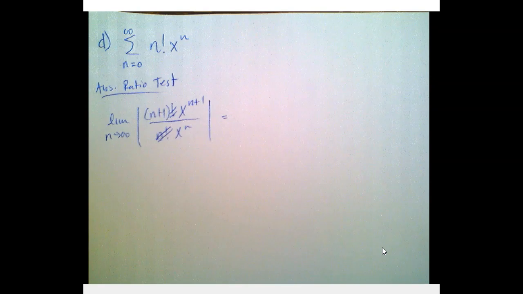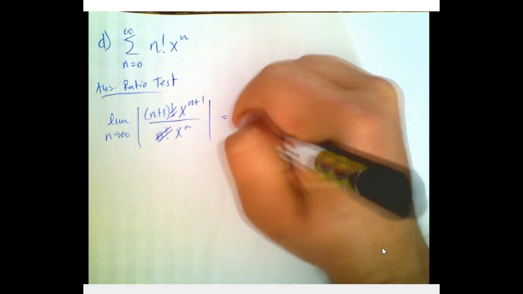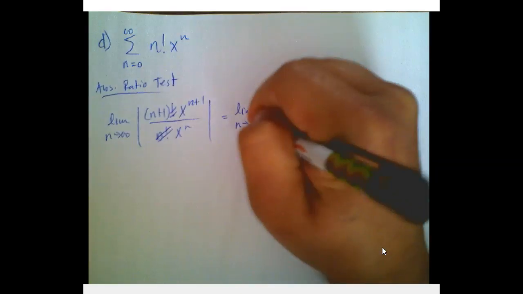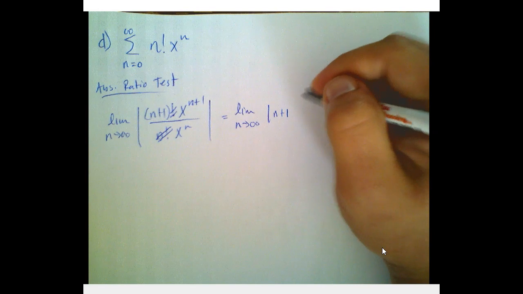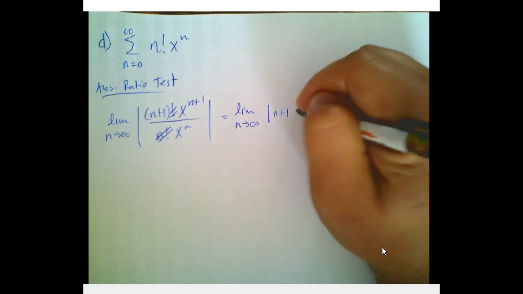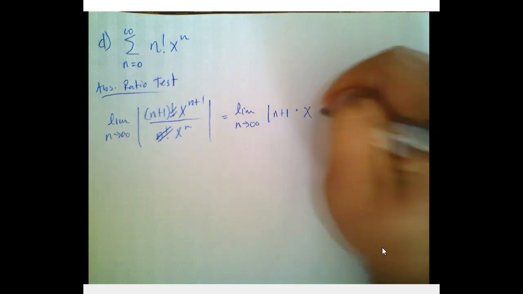Right, so we'll have some cancellation. Remember, this is n plus 1 times n minus 1 factorial. This is n times n minus 1 factorial. So this cancels out all the factorial stuff. So we'll be left with the absolute value of n plus 1 times x.